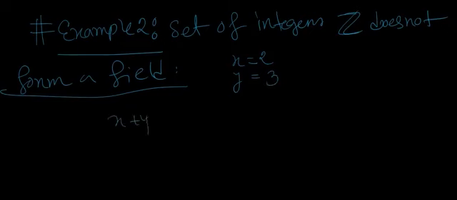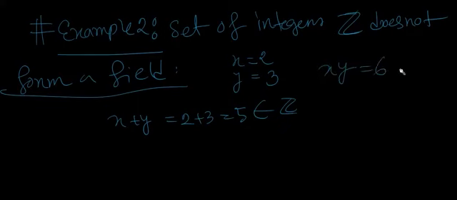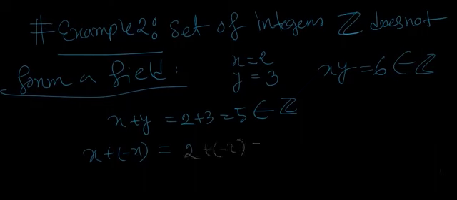You can see that x plus y is just 2 plus 3, which is 5. It belongs to Z, no problem there. x times y is just 6. That belongs to Z as well. And x plus minus x, that is 2 plus minus 2, is 0. Since we are not discarding 0, this also belongs here.